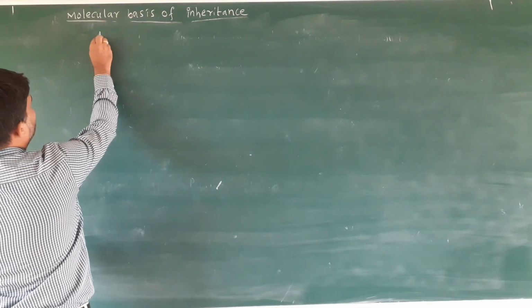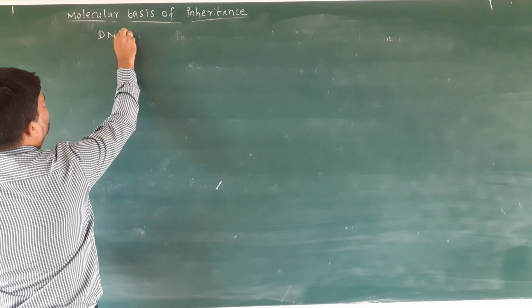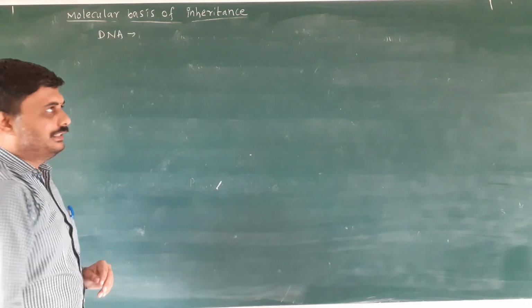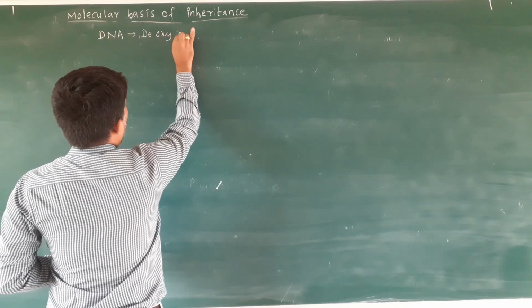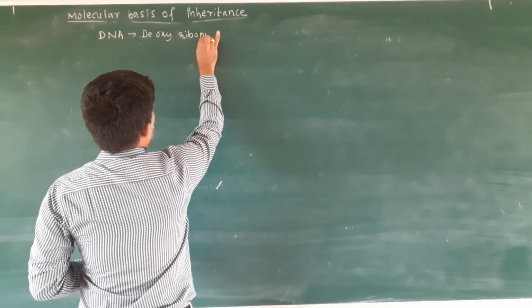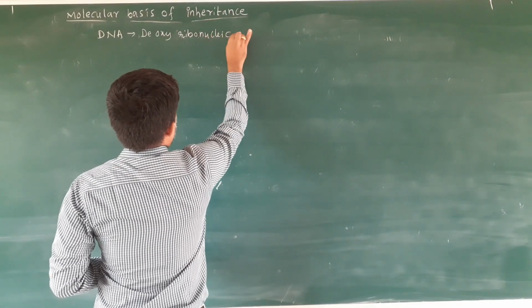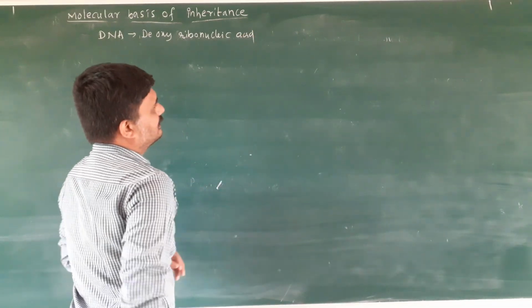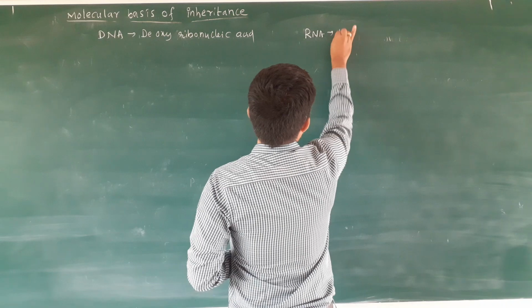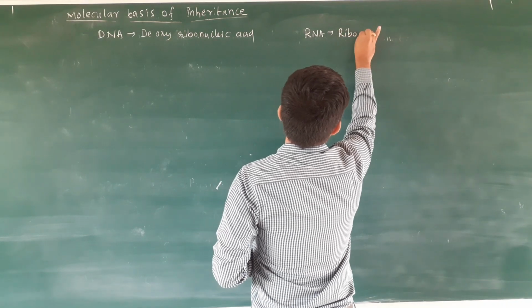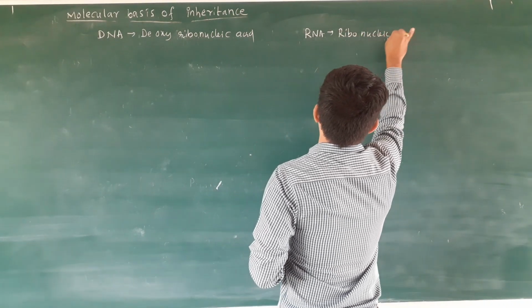What is DNA? DNA is deoxyribonucleic acid, whereas RNA is nothing but ribonucleic acid.